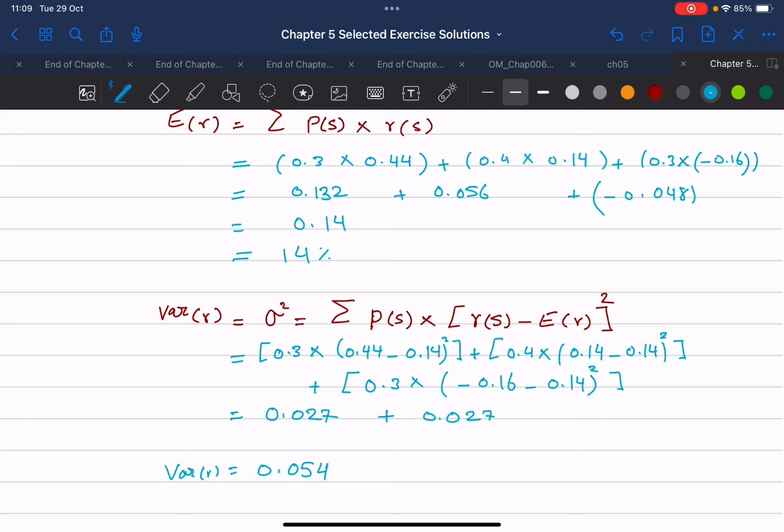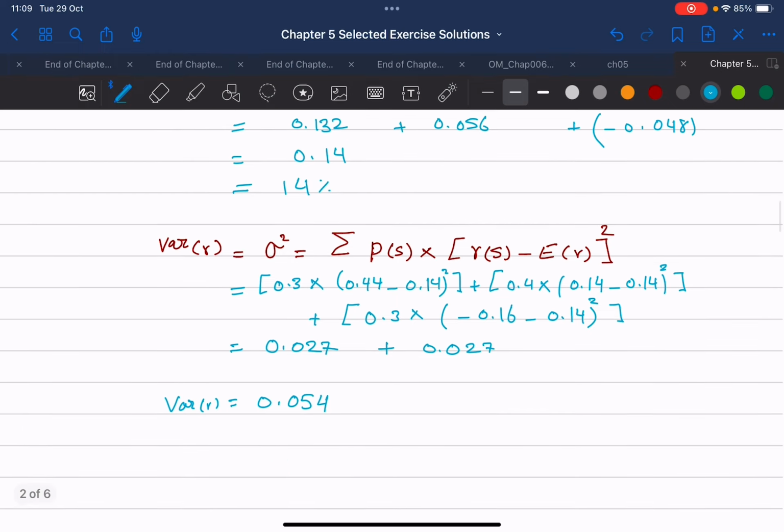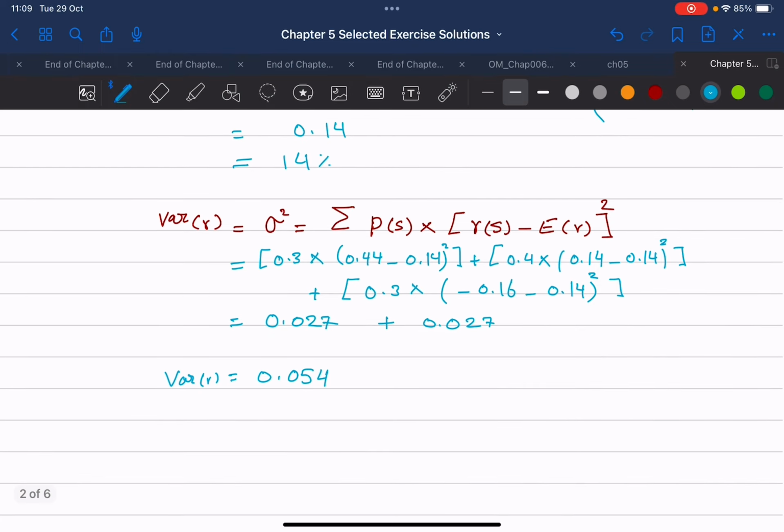I'll just write down the rule for you here. Sigma equals the square root of the variance. So we can calculate our standard deviation to be the square root of 0.054.